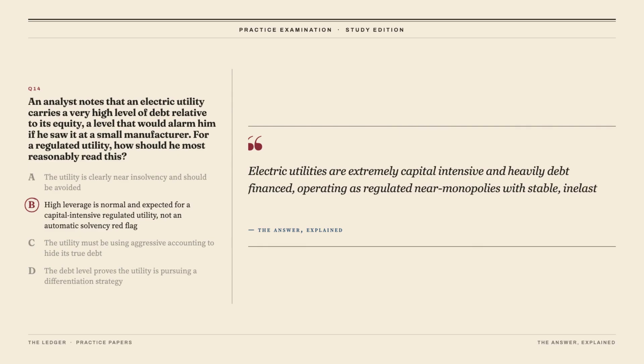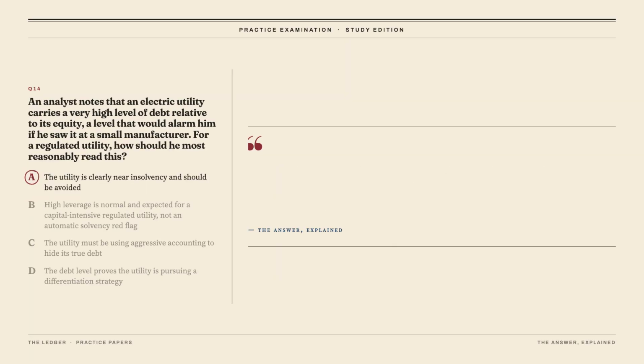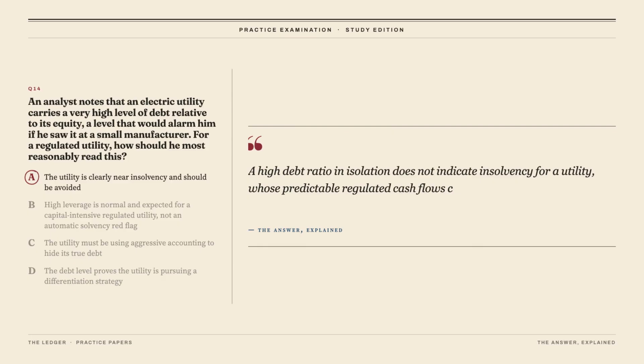In that setting, high leverage is the ordinary operating model, so it is not automatically a sign of distress. A is wrong because a high debt ratio in isolation does not indicate insolvency for a utility whose predictable regulated cash flows comfortably support substantial debt.